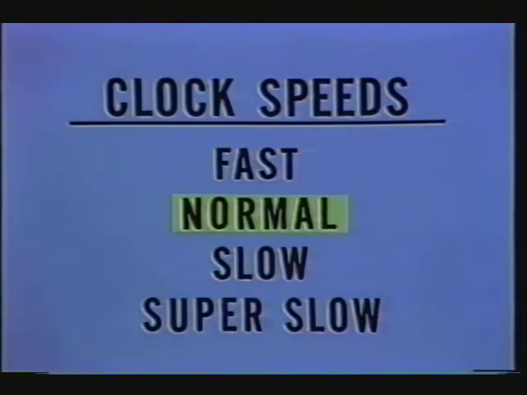The normal speed is used under normal running conditions. Several variations of the master clock have evolved over the years in an effort to improve its stability. A brief description of those variations follows.